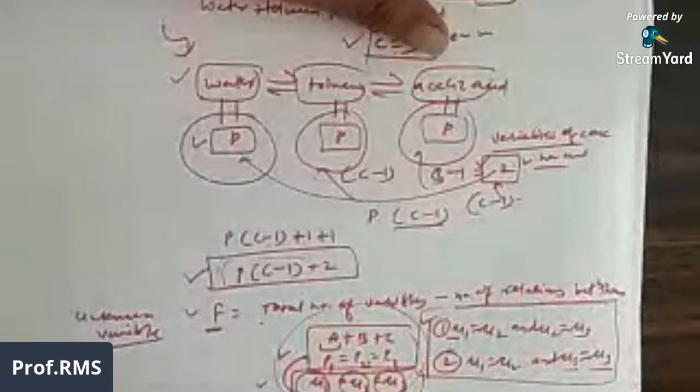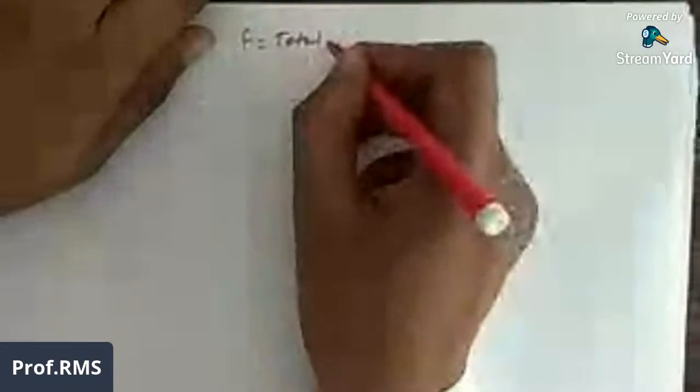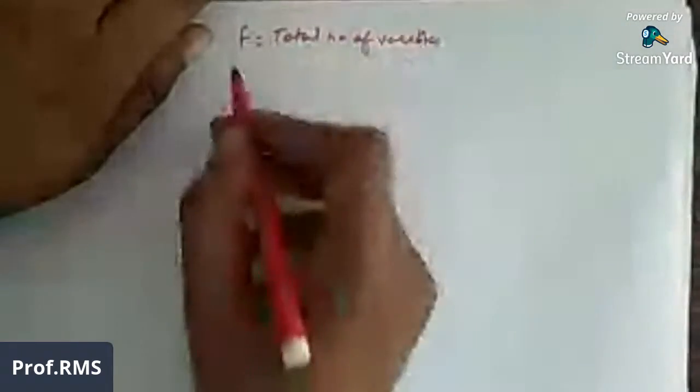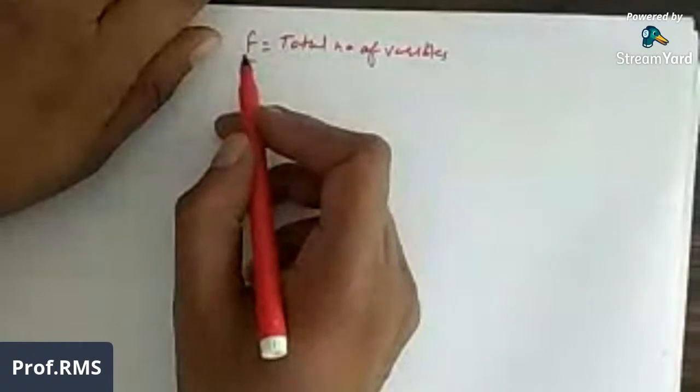Let me clear it again. Just focus here, I am explaining once again. What we are trying to find out is the degree of freedom, the unknown variables.